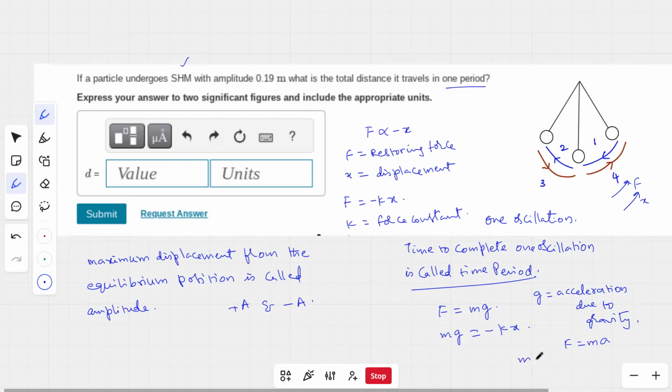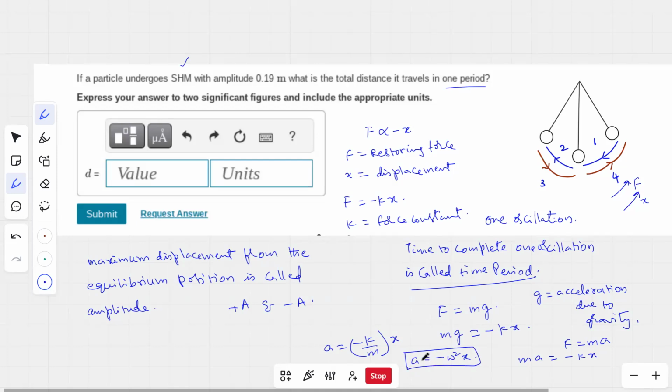Therefore, ma is equal to minus kx, or a is equal to minus k by m times x, where k by m is a constant. Instead of k by m, I write omega squared, so a is equal to minus omega squared x. This is the condition for simple harmonic motion.